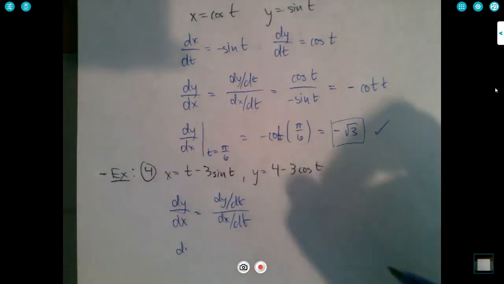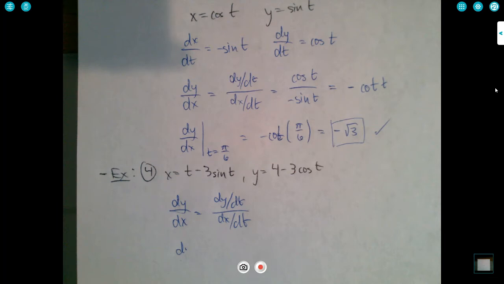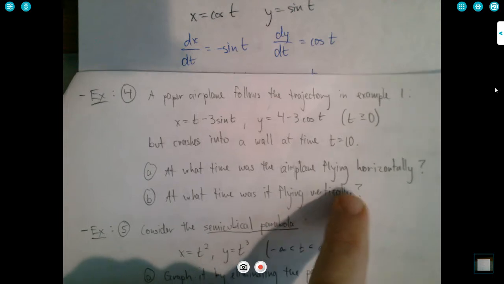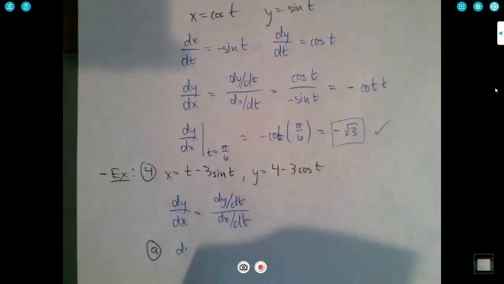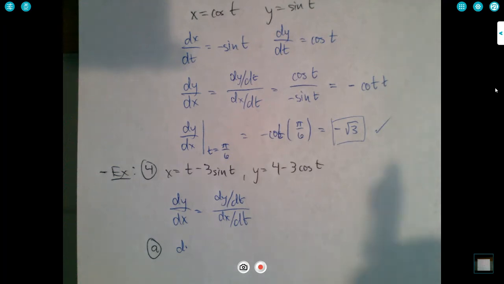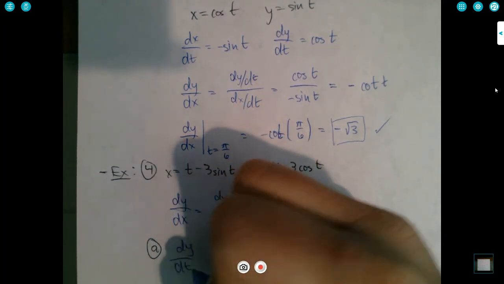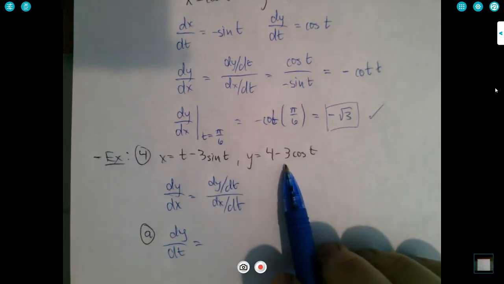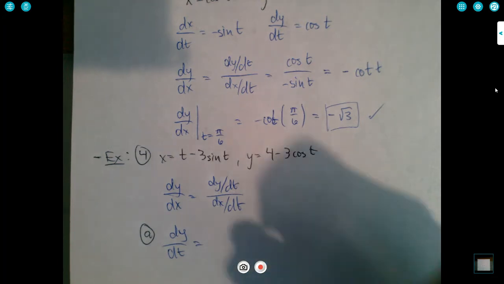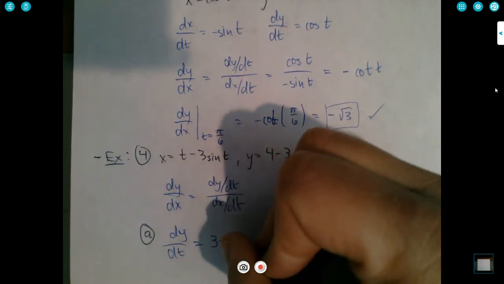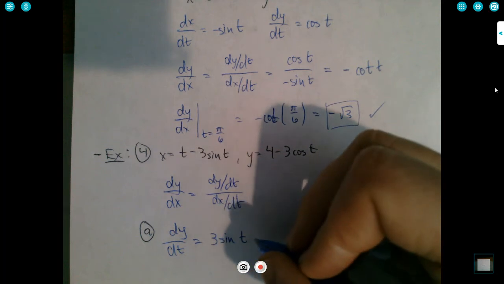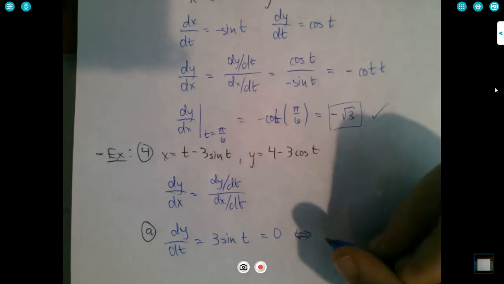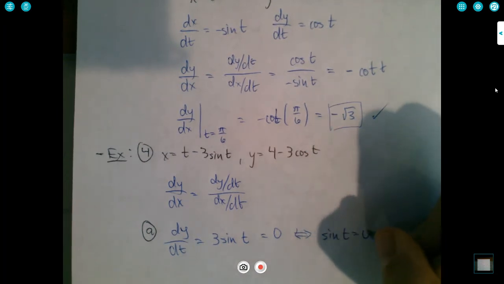For part A, where we're supposed to figure out at what time the airplane is flying horizontally, we need dy/dt to equal 0. So dy/dt is going to be 3 sine t, and this equals 0 if and only if sine t equals 0.